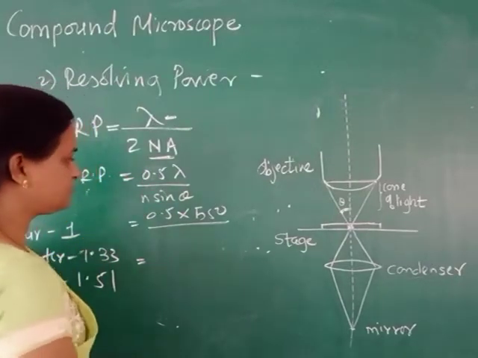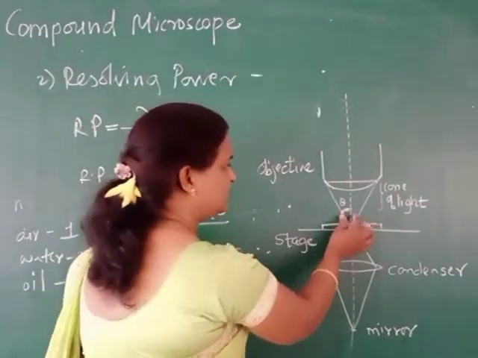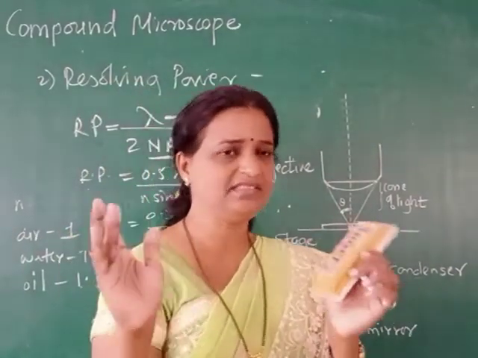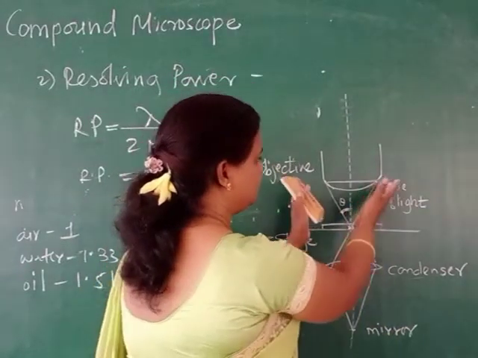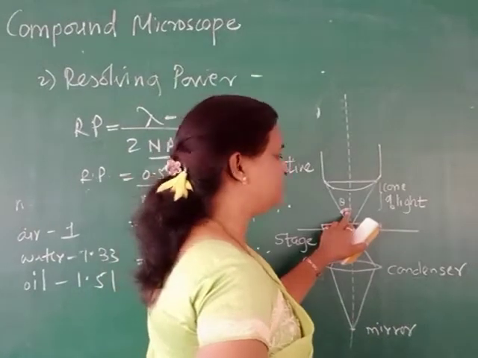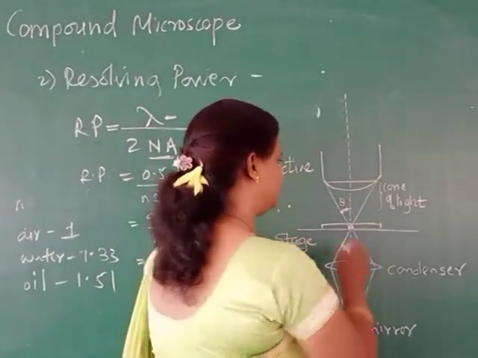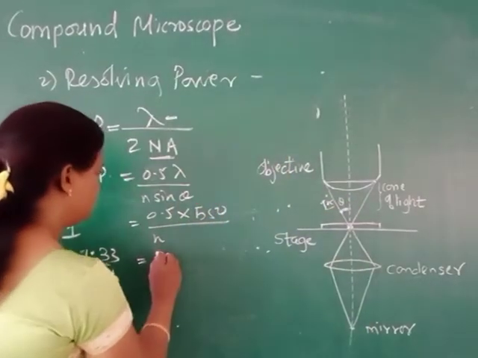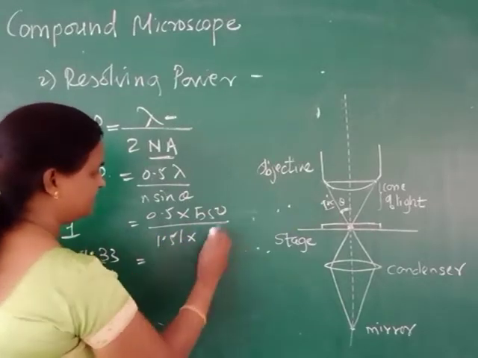Sin theta is always constant. Suppose we consider the maximum possible angle as 180. It is not actually 180. Then half of that angle is theta, and it will be 90 degrees.